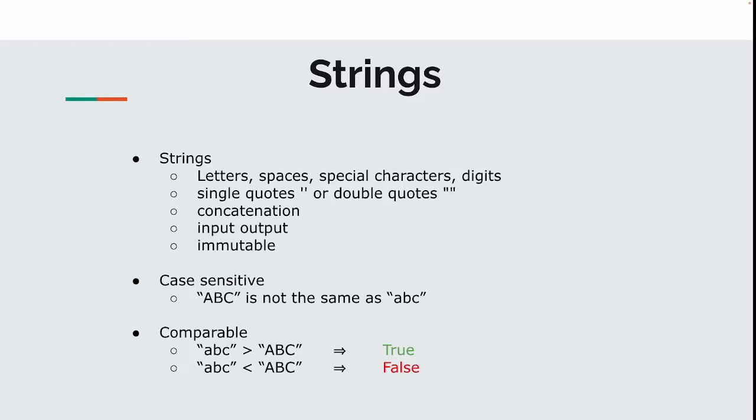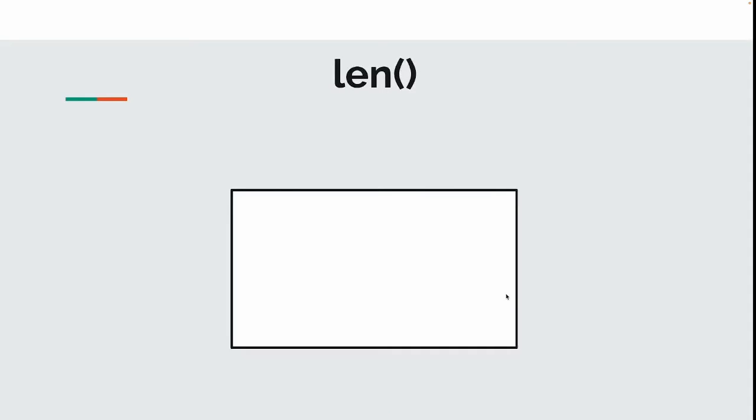Lowercase letters are less than uppercase letters, so that would evaluate to false. They are not equal because they are different characters. That is false. And this is the not equals, the exclamation point, which means not equal, so that would evaluate to true because they are not the same characters in Python.